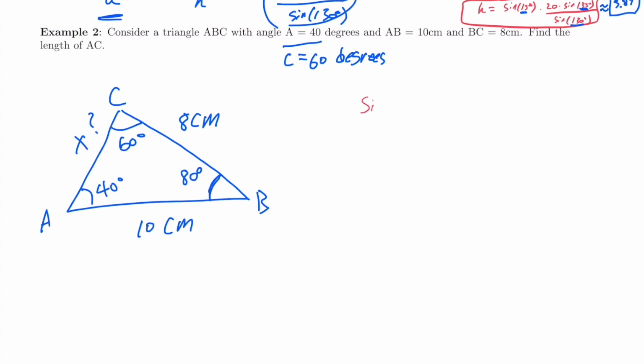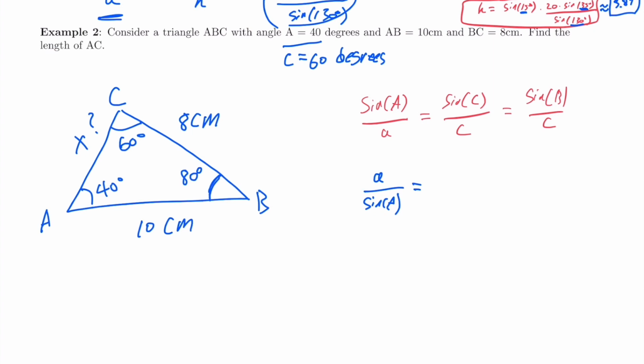Law of sines says that sine of angle A over its corresponding length equals sine of angle C over its corresponding length equals sine of angle B over its corresponding length. But this also means if I flip this fraction, A over sine A equals C over sine angle C is also true.